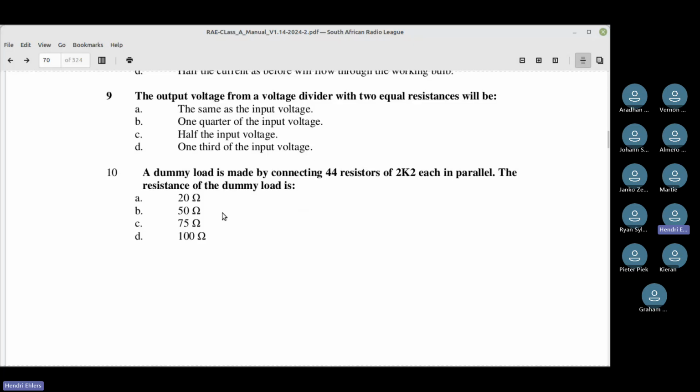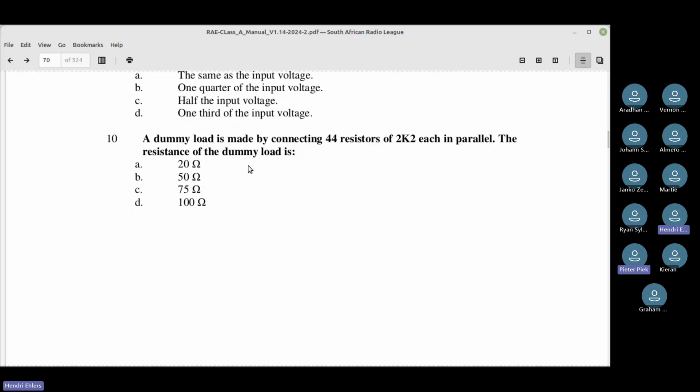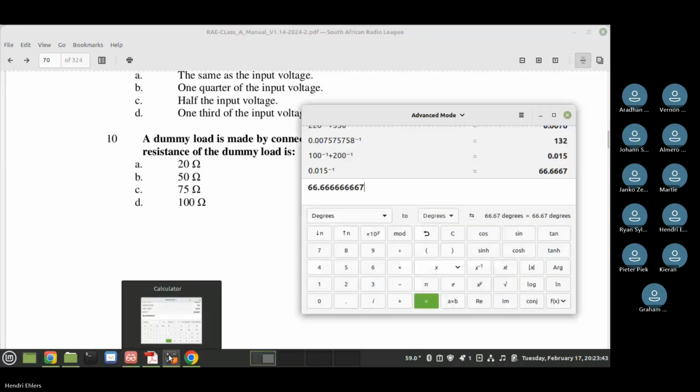Right, now number 10. A dummy load is made by connecting 44 2K2 resistors each in parallel. The resistance of a dummy load is? I've got a shortcut for this one, if I can show it to everyone.